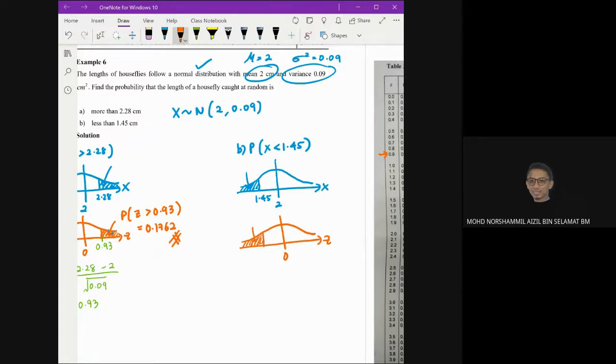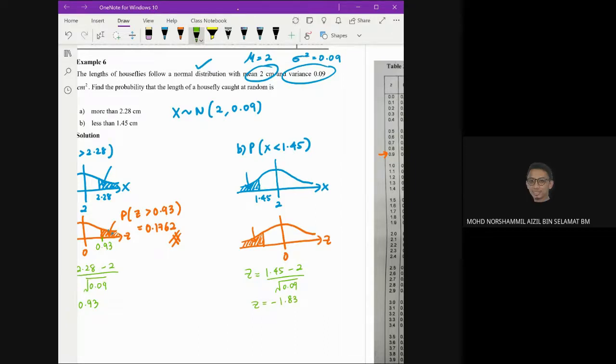Okay. So by using the formula, Z will be 1.45 minus 2 over sigma 0.09. What do you get for Z? You will get negative 1.83.